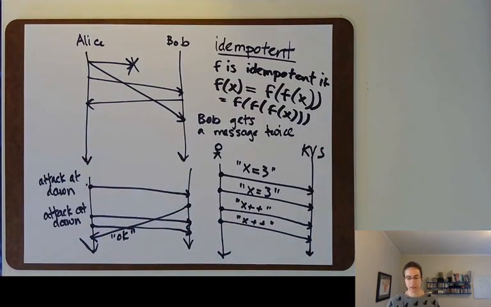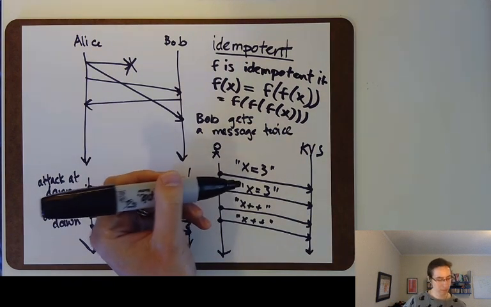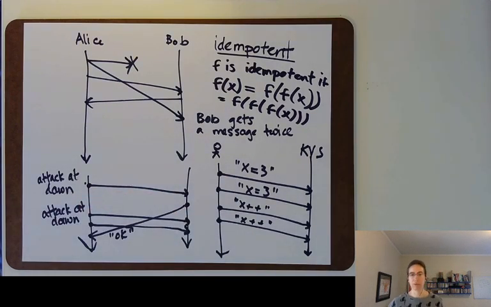So assigning to a variable like this is idempotent, but incrementing a variable is non-idempotent.